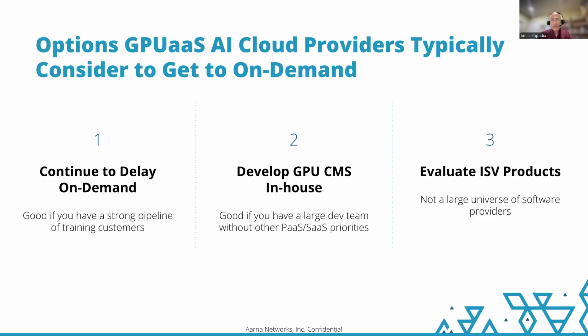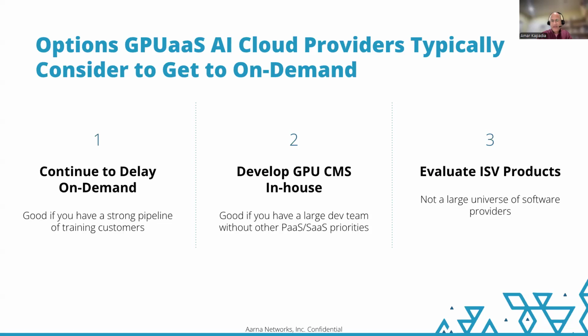The second option people look at is to say, okay, we need to develop a GPU cloud management software, or CMS, in-house. And this is also great if you have a large development team without any other priorities on the PaaS or SaaS side.